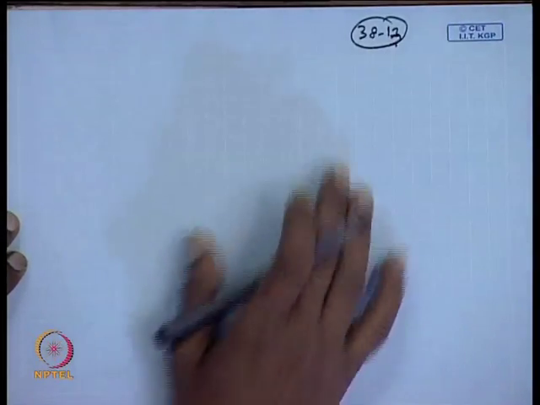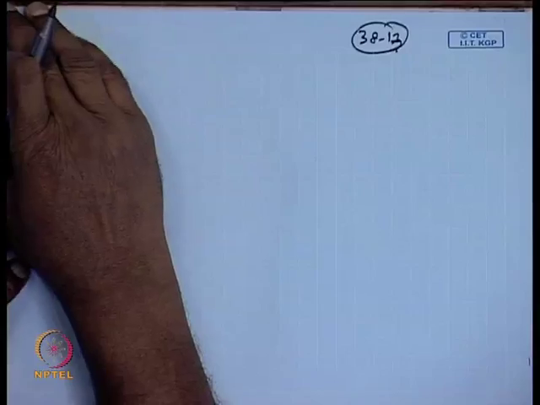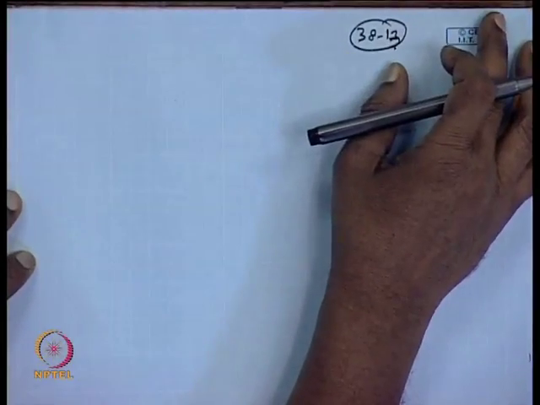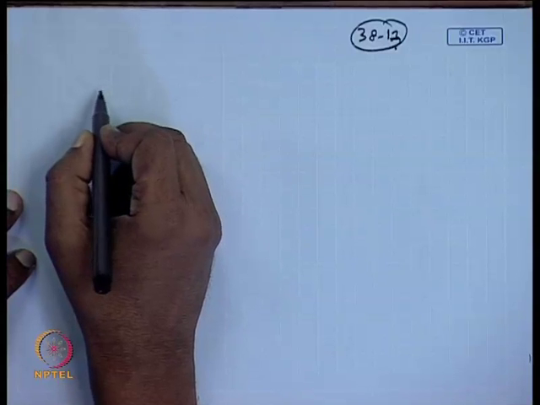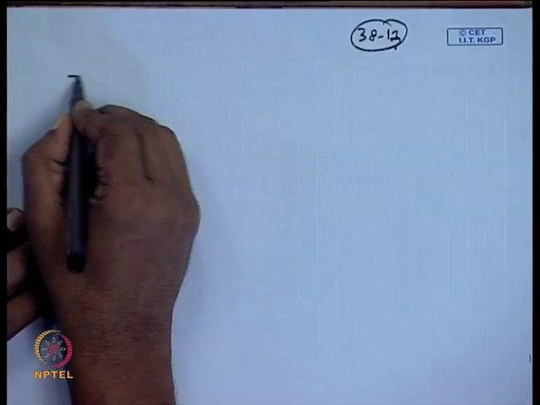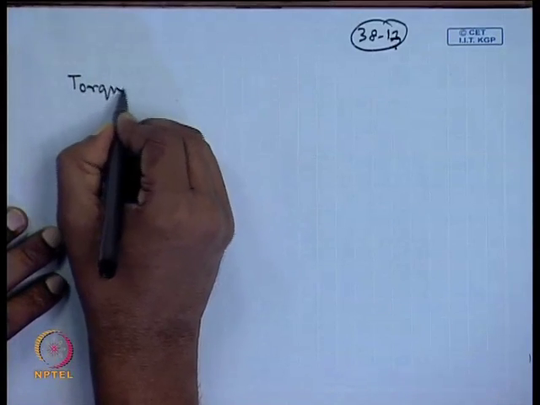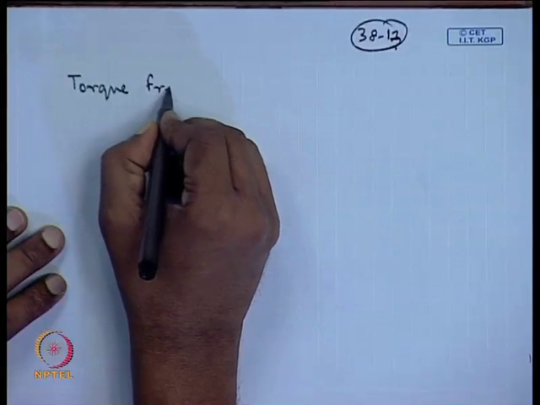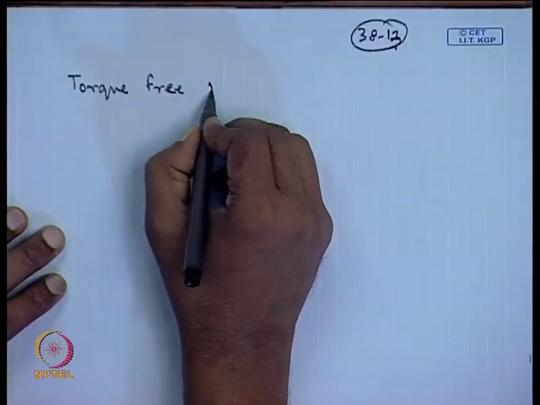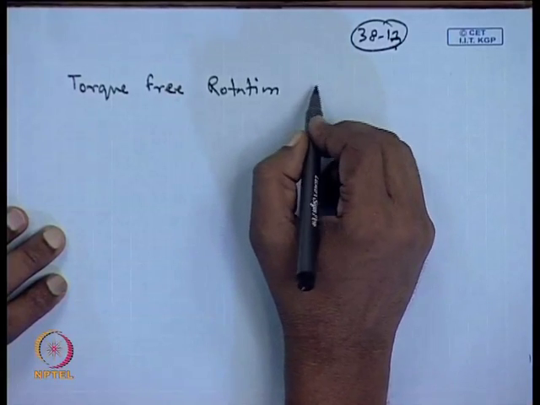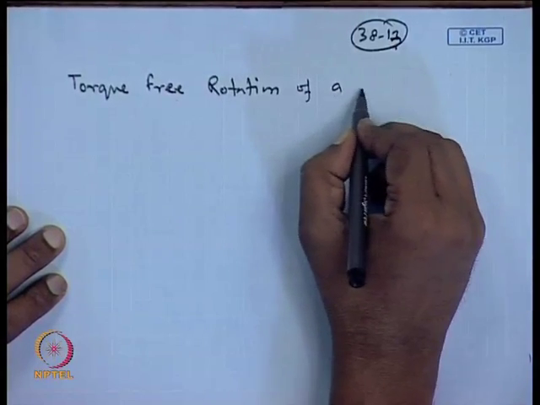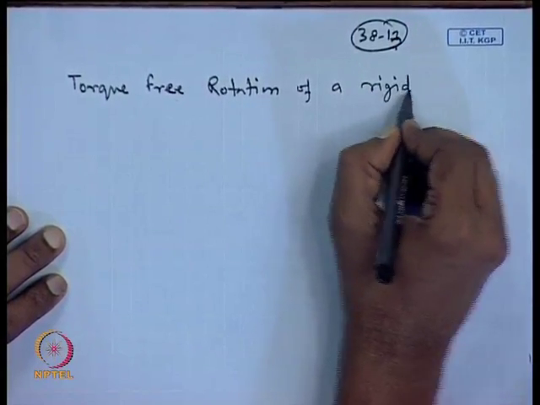Okay, so, finally, we are ready for doing some elementary treatment, which is in the scope of this course. So, what we will try to do is the torque free rotation of a rigid body.